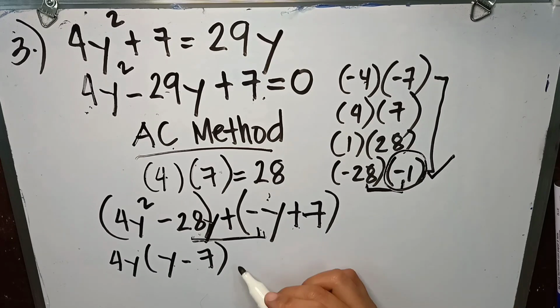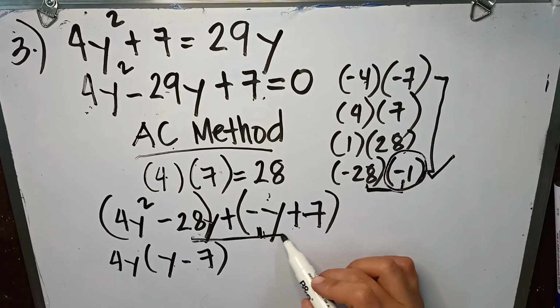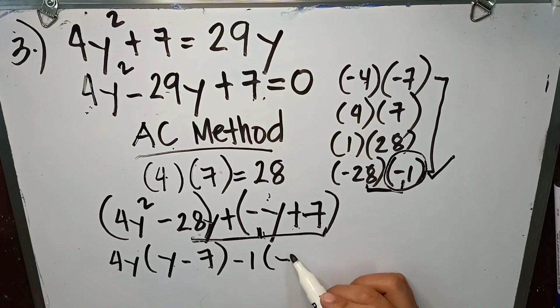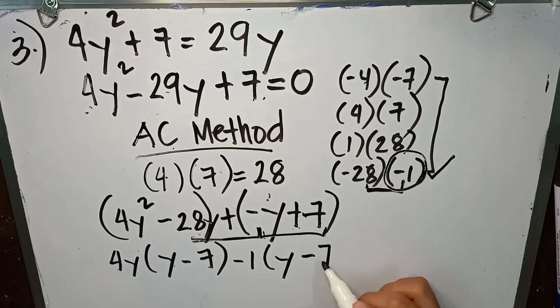Next, the factored form of the other binomial: we have negative 1 times y minus 7. Okay, let's check.